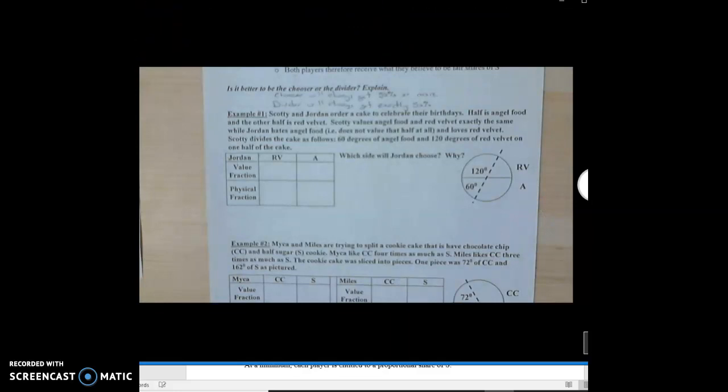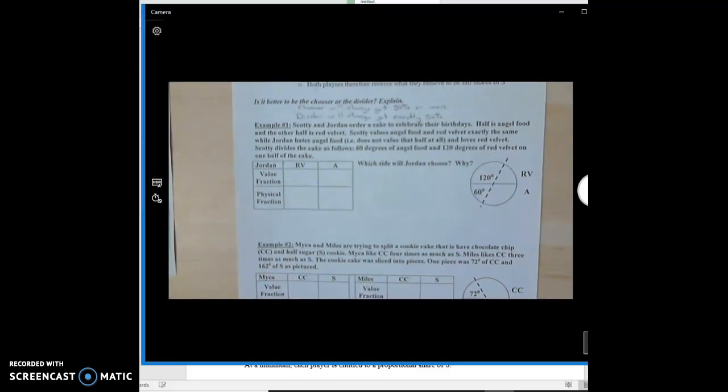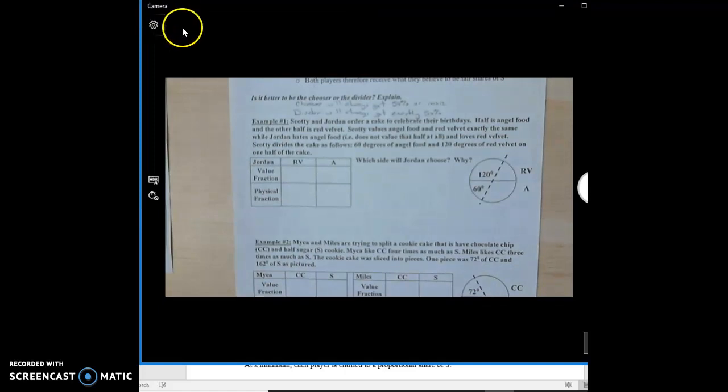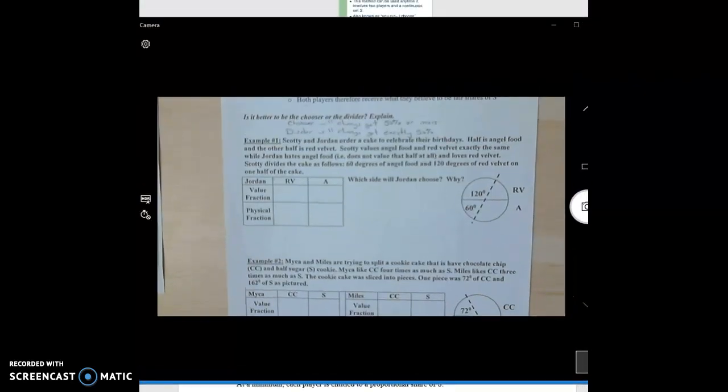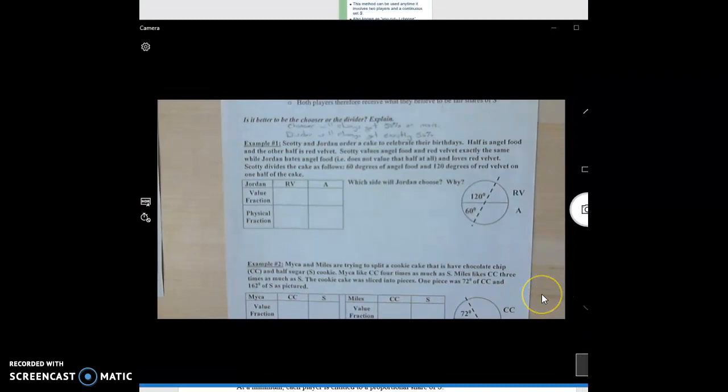Let's take a look at our examples and see what we got.